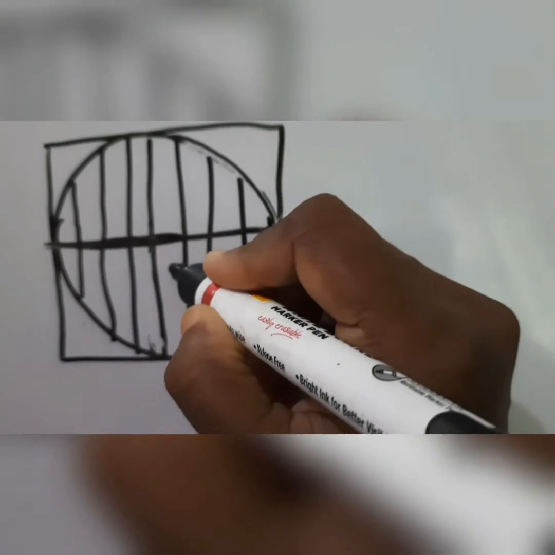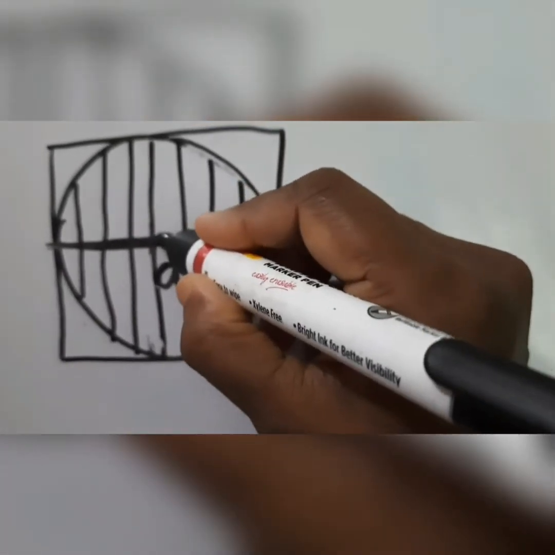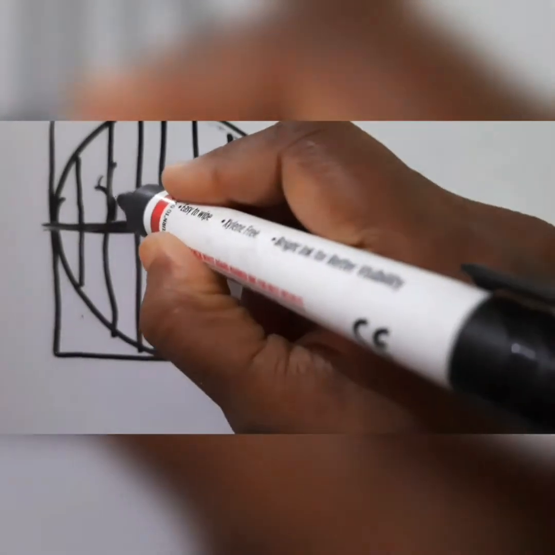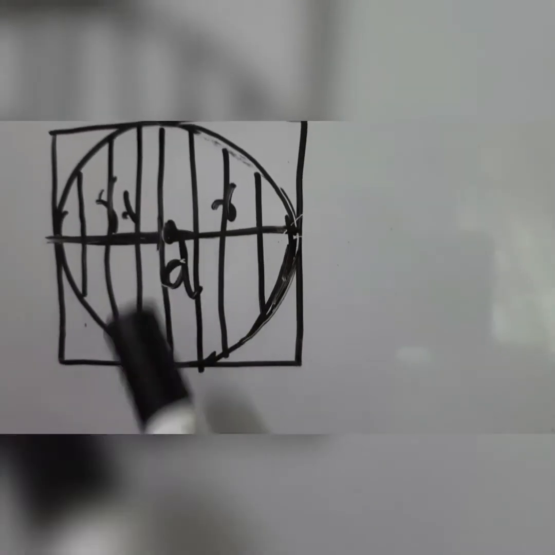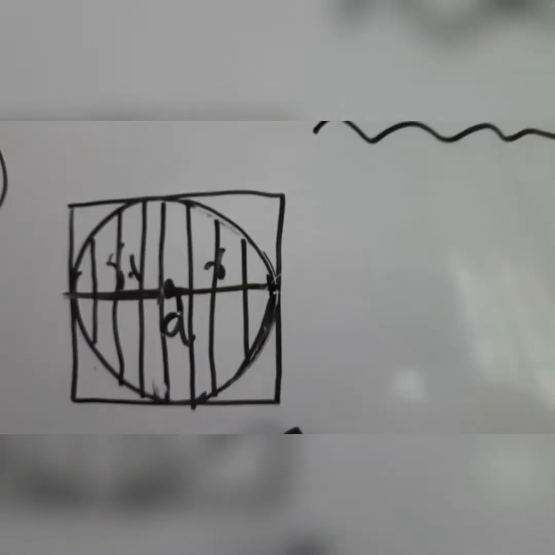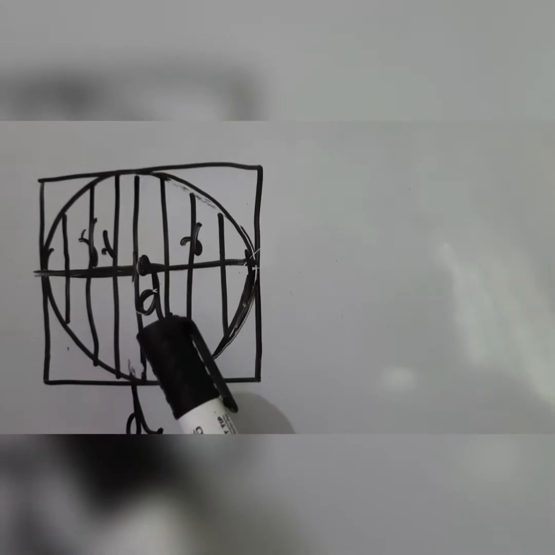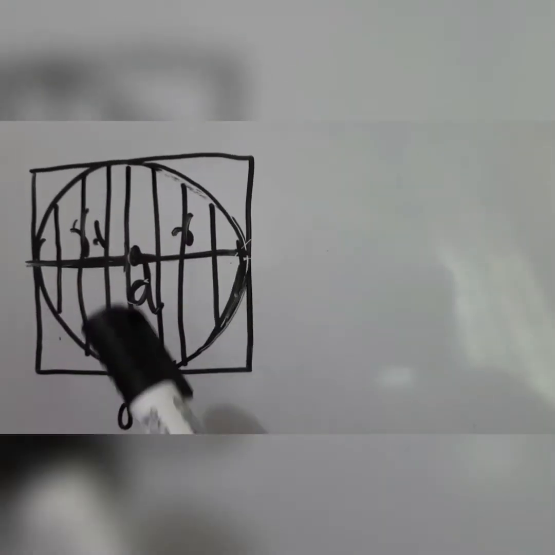Diameter means it is D. If the center is here, this side is R, this side is R. And this diameter is same as the length of this square side. This is also D.